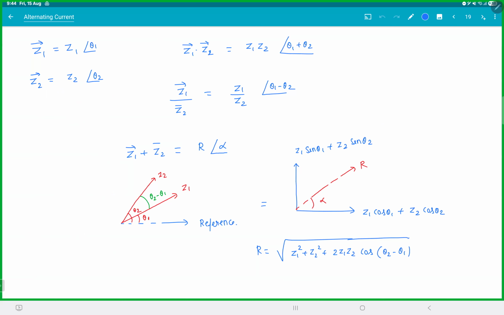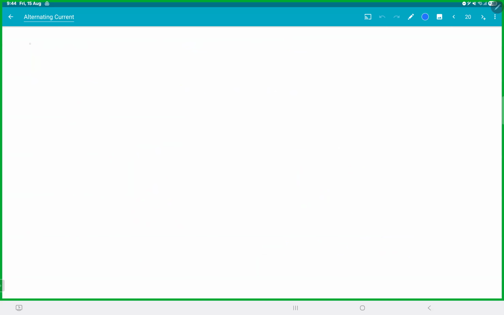Now let's see how these things pop up. Let's say you take a resistor in an AC source.